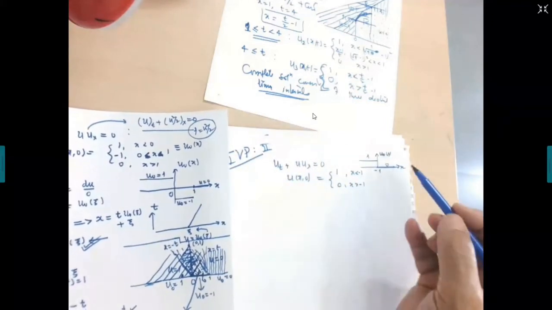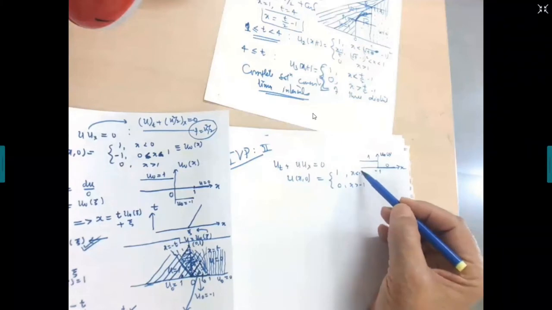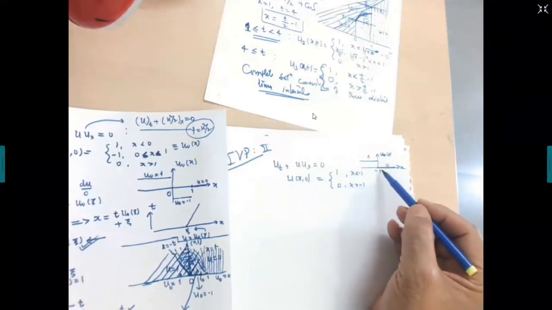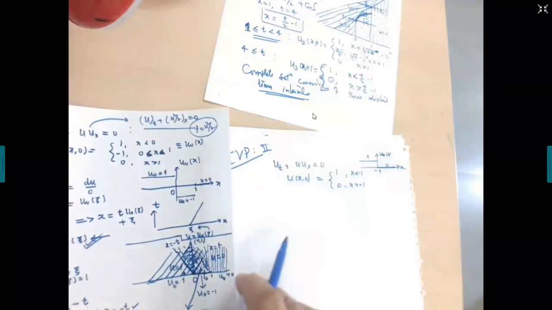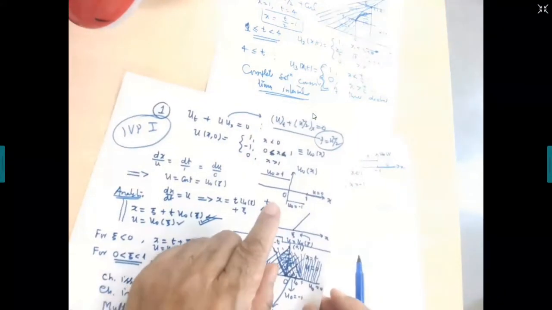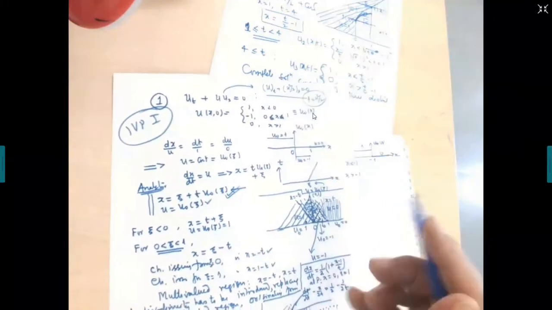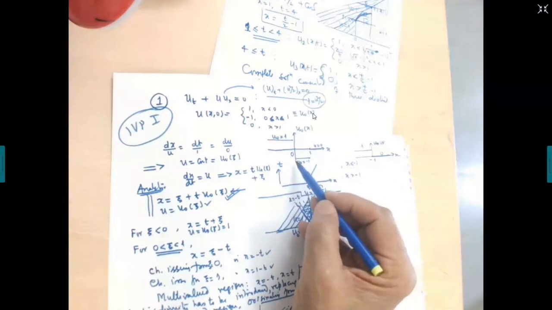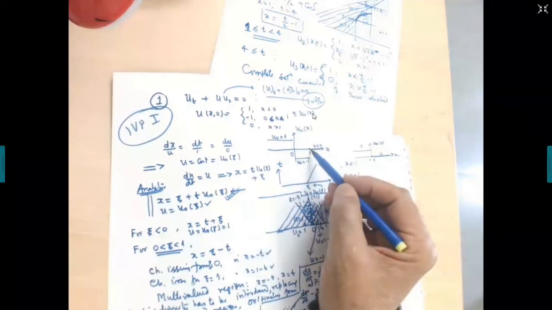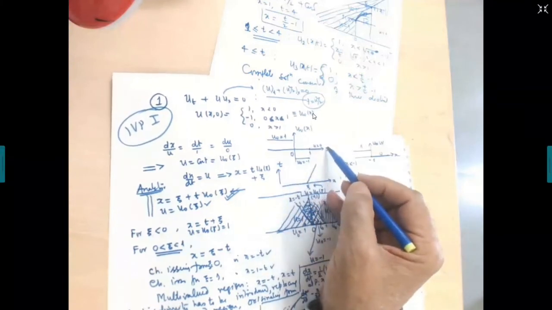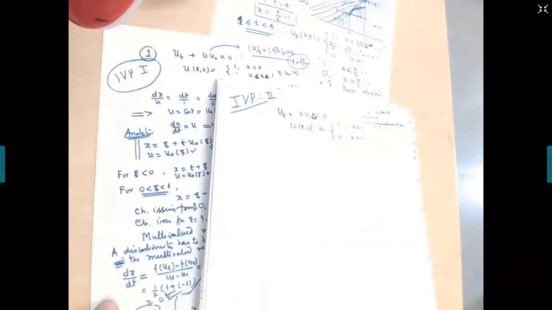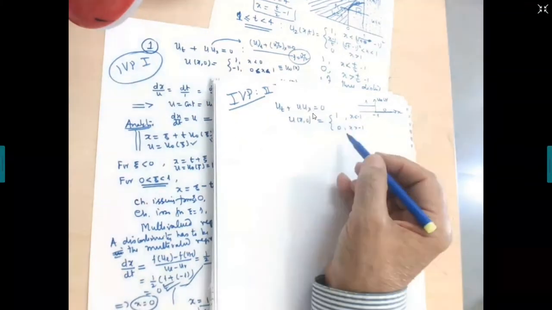For x less than minus 1, it is defined to be 1. Here the initial condition was, on the interval less than 0, it was 1; from 0 to 1, it was minus 1; and when x greater than 1, it was 0. But here it is quite different, so it's a different initial value problem.